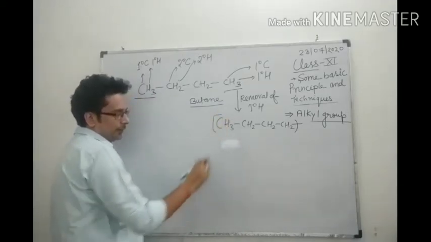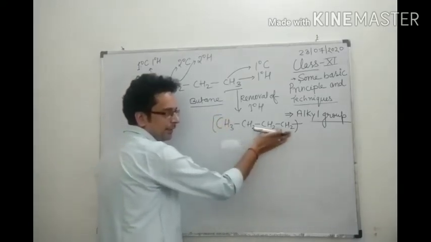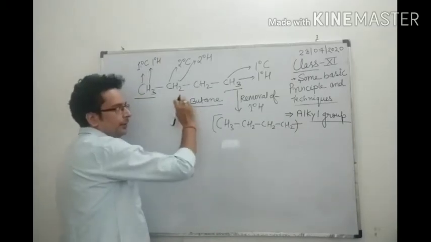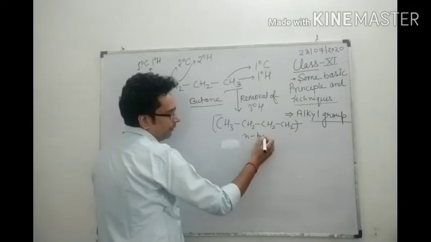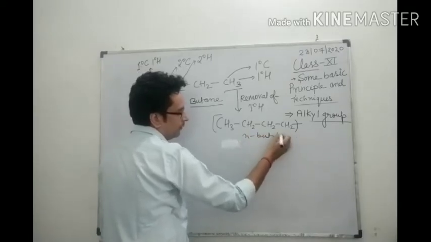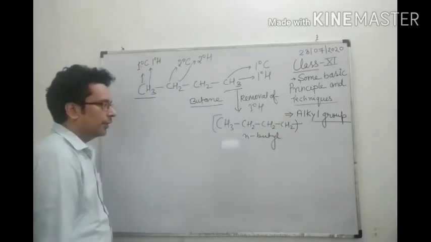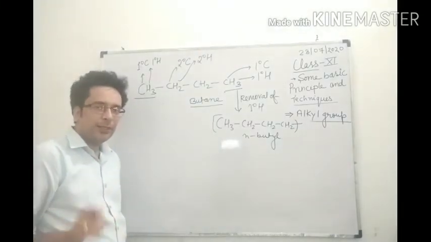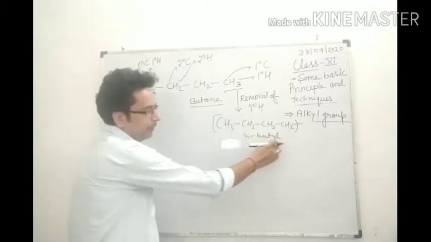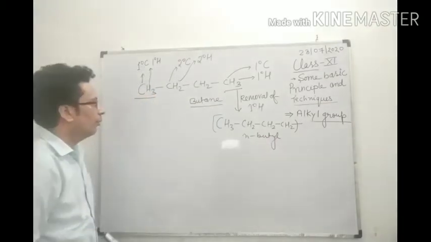So what is this? It is the organic compound written in straight chain. Since it is normal butane, this one is the normal butyl. The group obtained by the removal of 1 degree hydrogen from butane is known as normal butyl. Clear?